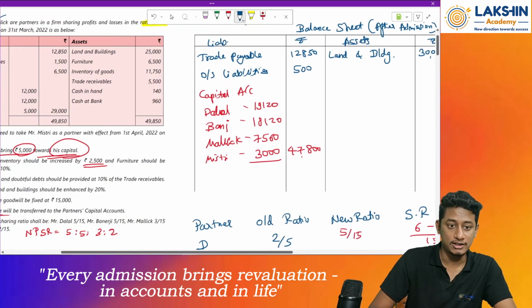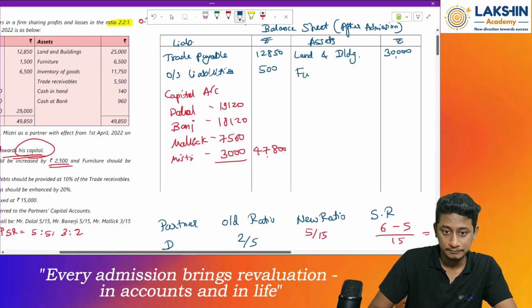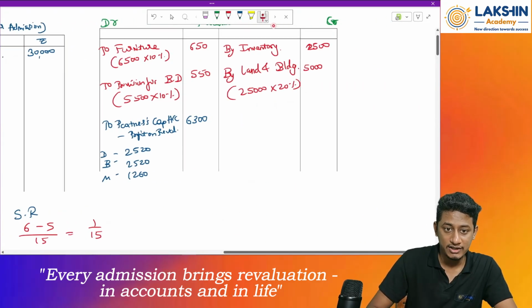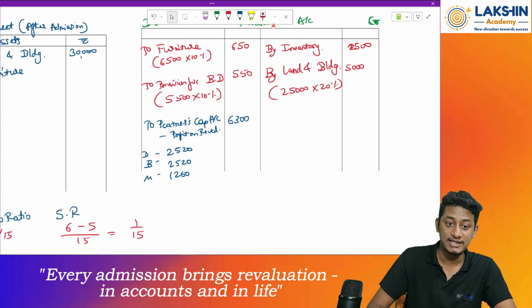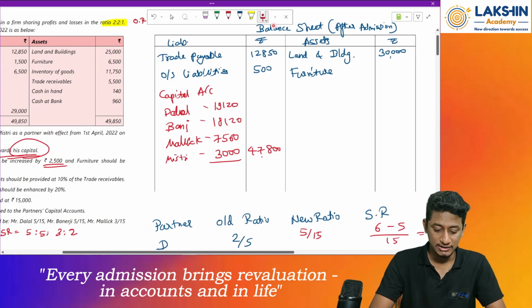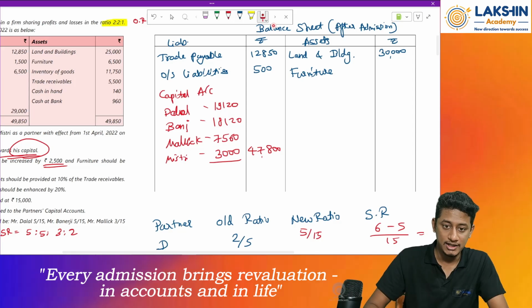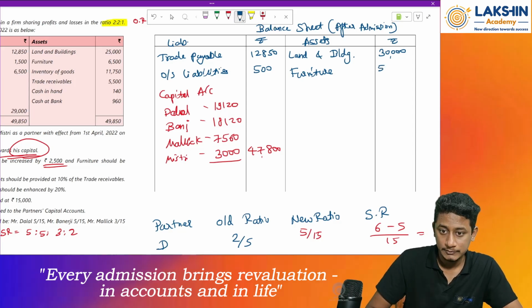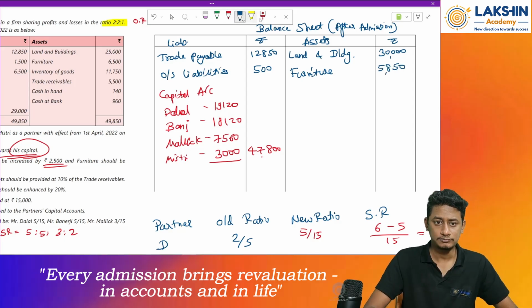Then next, furniture. Any increase or decrease in furniture value? There was a decrease of rupees 650. So 6,500 minus 650 will be 5,850.